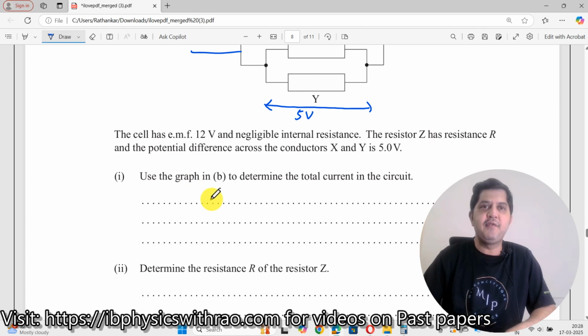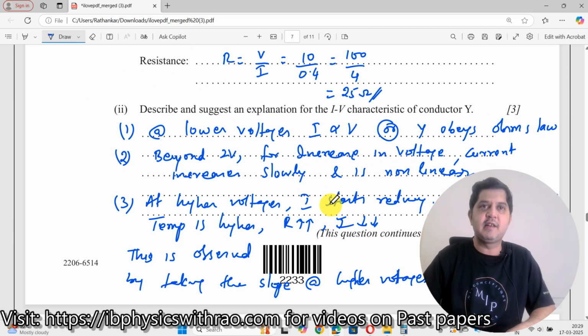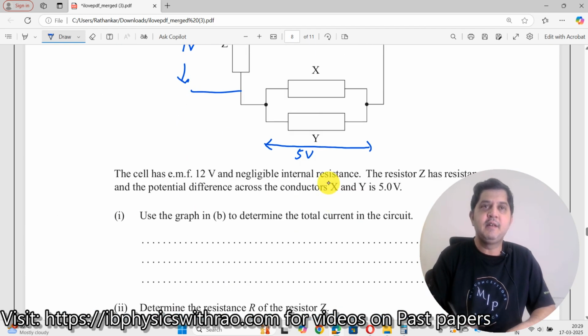Then use the graph in figure B to determine the total current in the circuit. Oh my god, to find the total current. Okay, so now what we do is we'll go back to the graph, total current. Now you see the total current I here will be equal to Ix plus Iy.